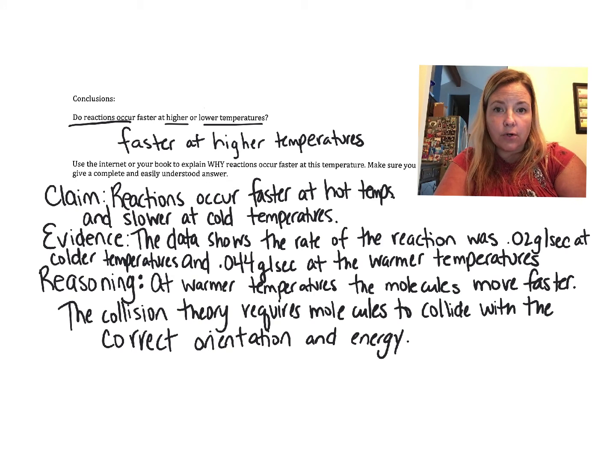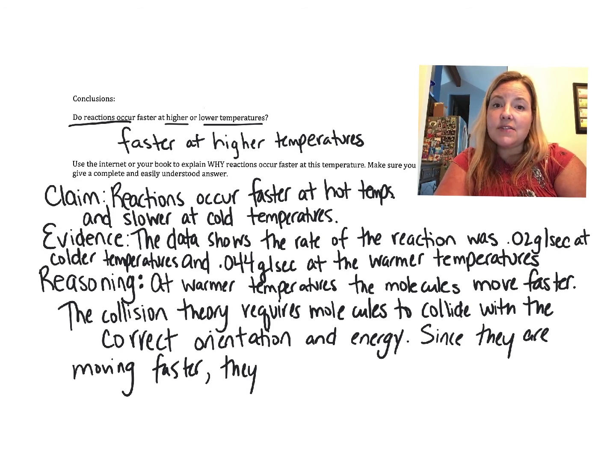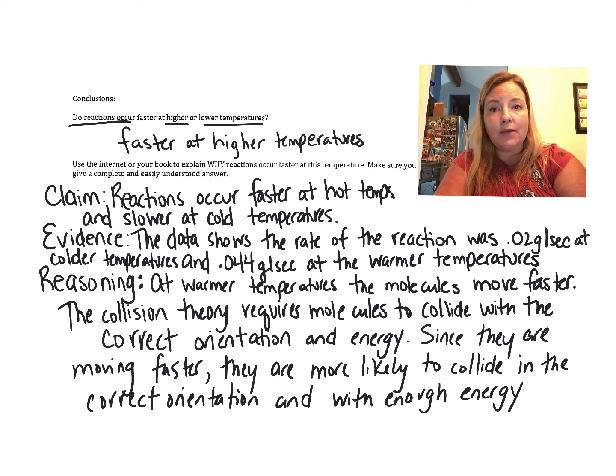And because they're colliding more often, they are more likely to collide with the correct orientation. So since the molecules are moving faster because the temperature is warmer, the reaction happens faster because they're more likely to collide with the correct orientation and the correct amount of energy.